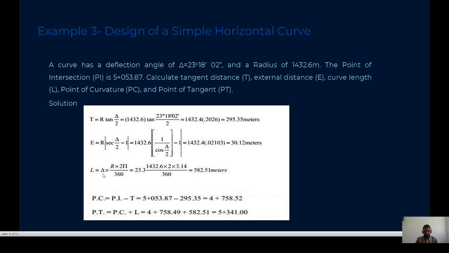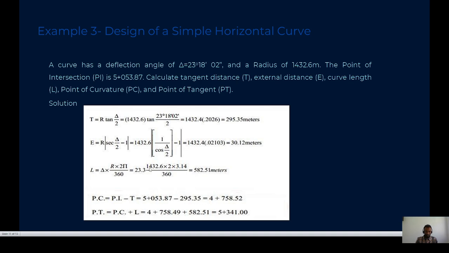The length will be delta times radius times 2 times pi over 316. The delta is 23.3, which is converted into degrees: 23 degrees plus 18 over 16 plus 2 over 316. We add these parts to convert into degrees.